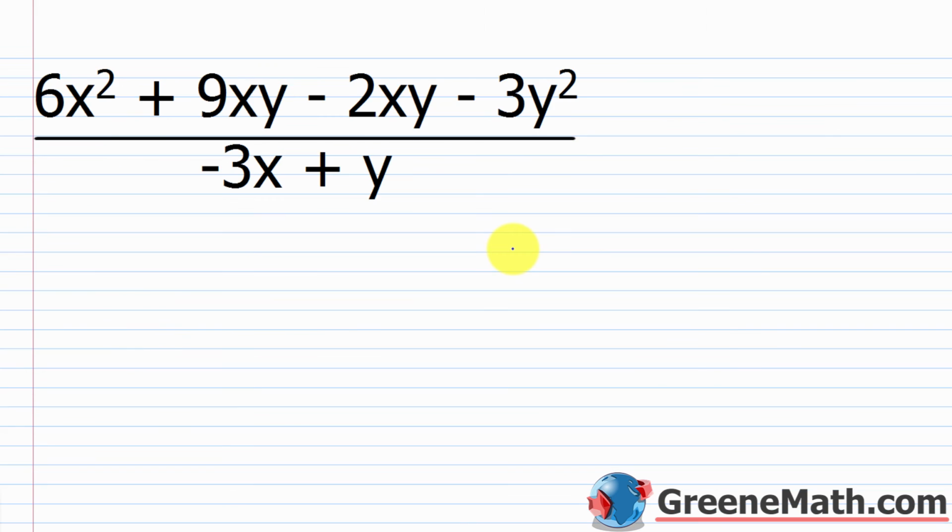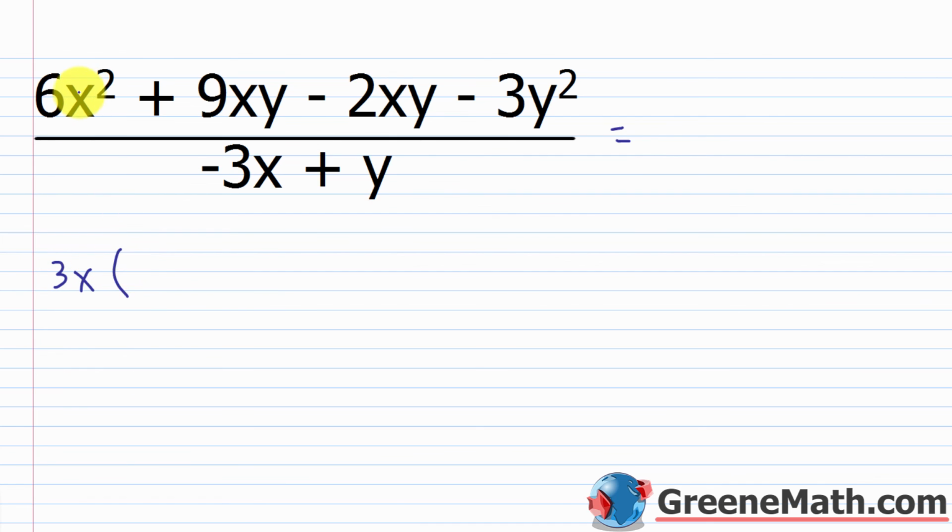All right, let's take a look at one more problem. So we have 6x squared plus 9xy minus 2xy minus 3y squared, over negative 3x plus y. So how would I factor the numerator here? Well, I could use grouping. It's a 4-term polynomial. In the first group, I could pull out a 3x.